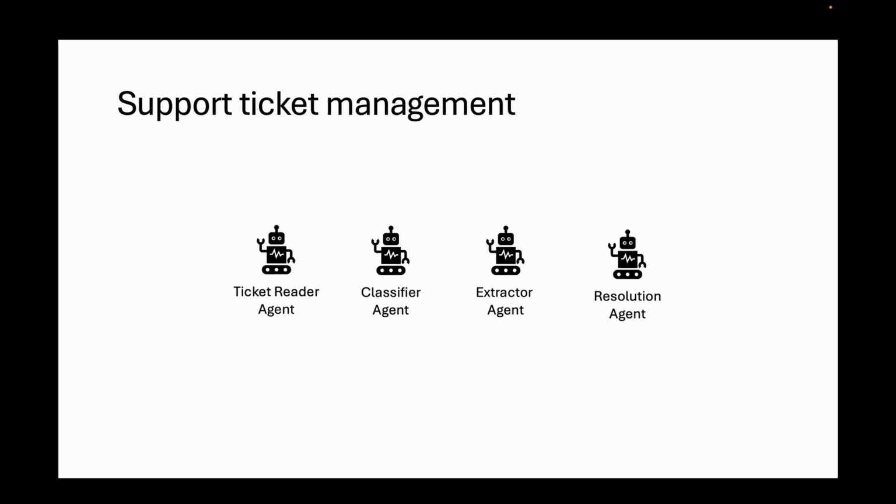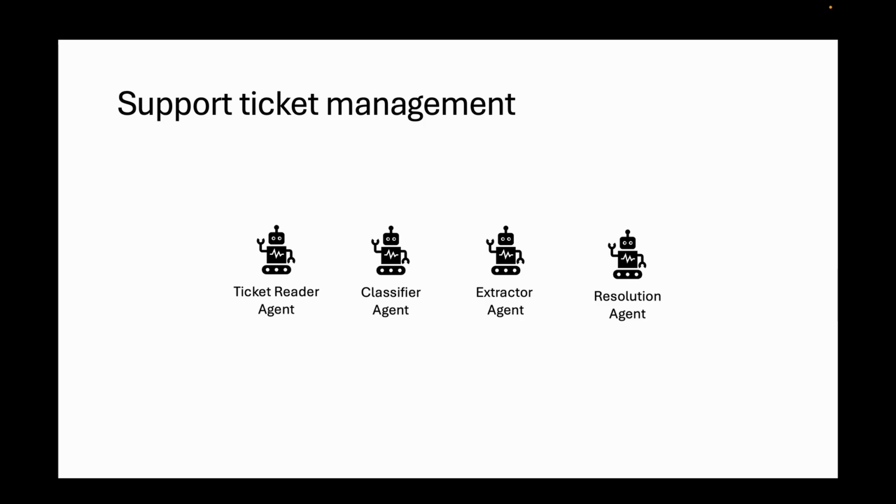One agent reads the ticket, another classifies the ticket, a third extracts the important information from the ticket, and the fourth agent analyzes all this information and provides the resolution, to help the user know what actions to take to resolve that issue. In this way, these 4 agents work together and fulfill whatever the user wants.